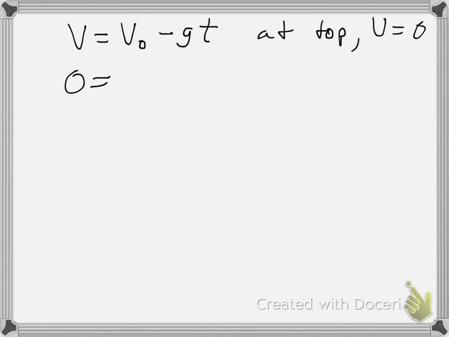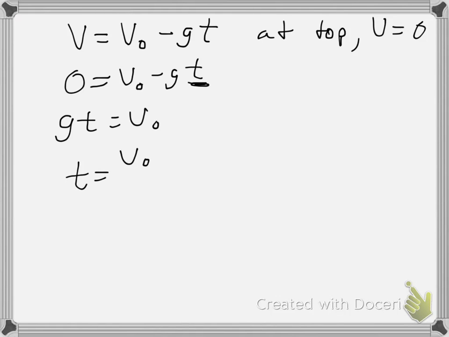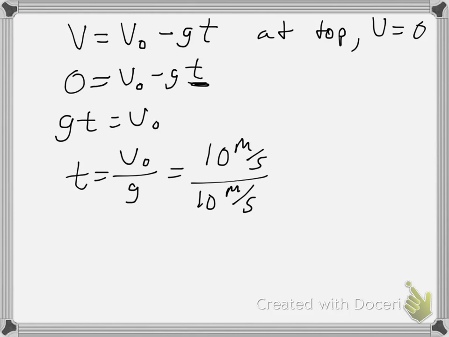So I can get 0 equals v naught minus gt. And I can solve this for t, and I'll get gt equals v naught, and then t equals v naught divided by g. So this is going to be 10 meters per second divided by 10 meters per second squared, which will give me 1 second.